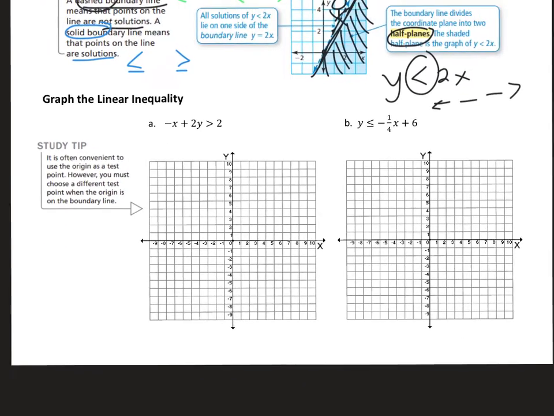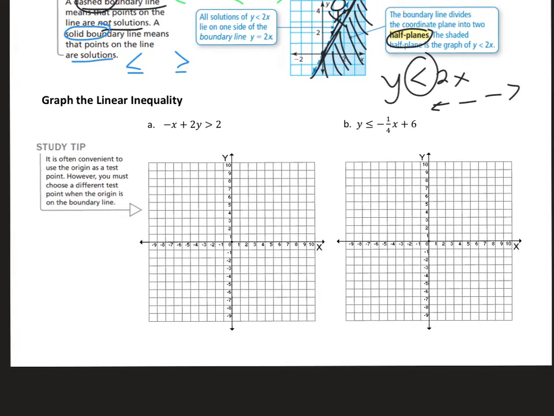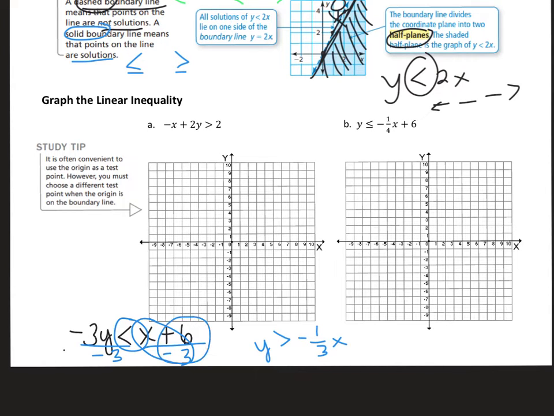Okay, down here we're going to graph. What you have to remember when you're solving for y with these is if you divide by a negative, you need to change the sense of the inequality. For example, down here, if you were solving this to graph it, when you divide by -3, you'd get y is greater, and your slope is going to be negative 1/3, and your y-intercept is going to be negative 2.